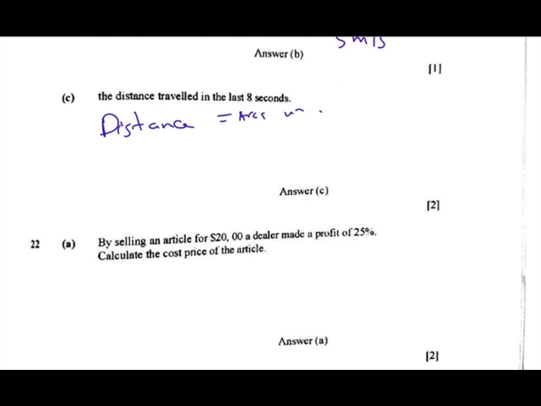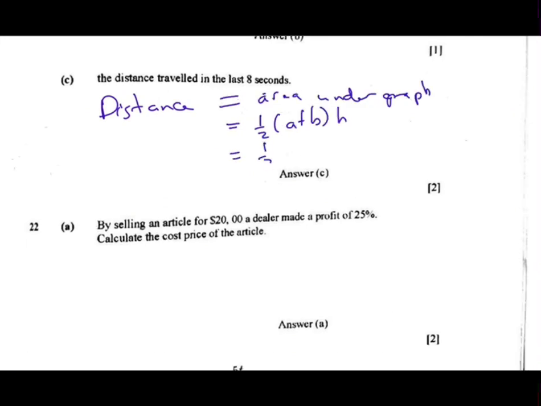Our graph forms the shape of a trapezium, so we can use the formula half of A plus B multiplied by H. You can also break it down into 2 shapes, a rectangle and a triangle, of which you still need to add them up, but you'll get the same answer. Whichever works best for you, it's up to you.